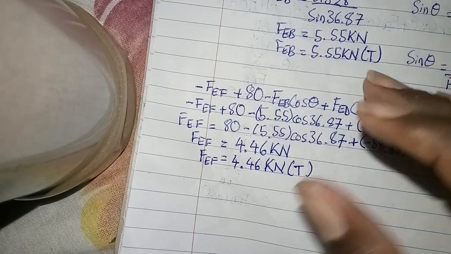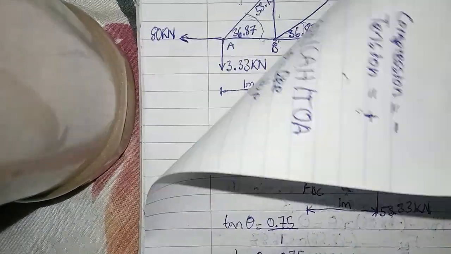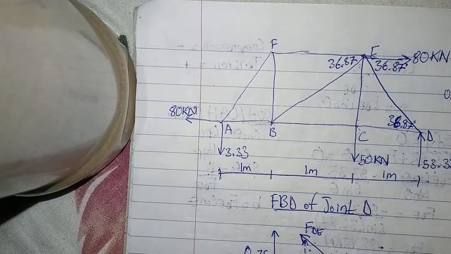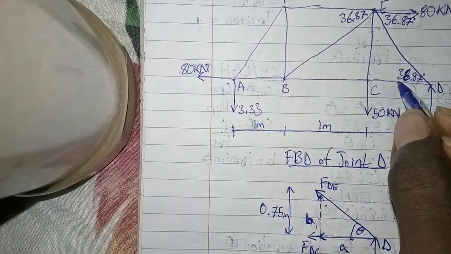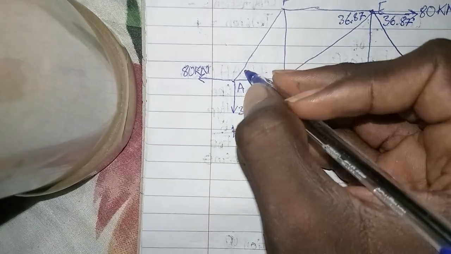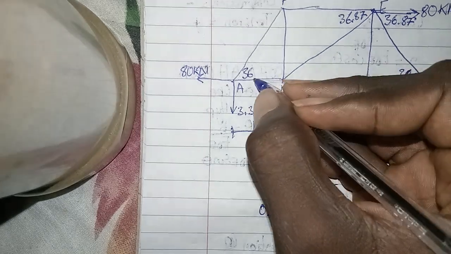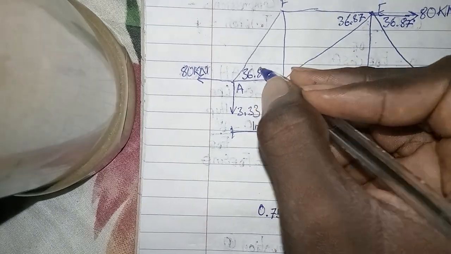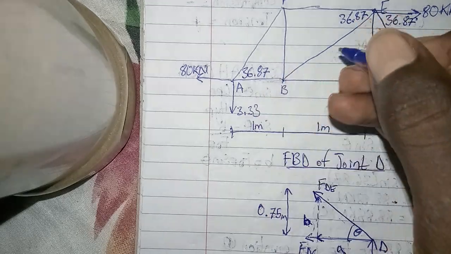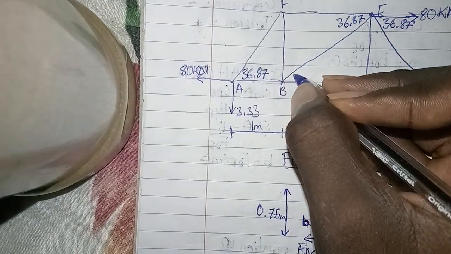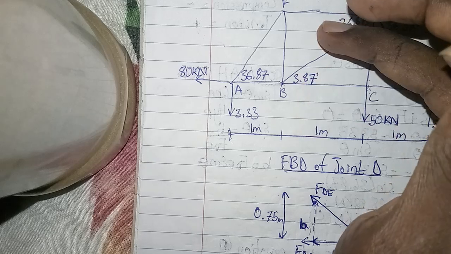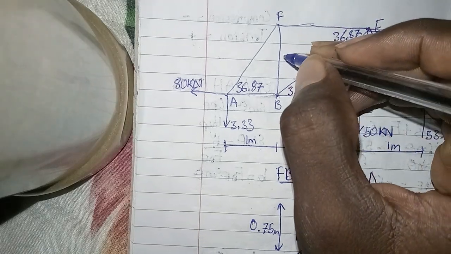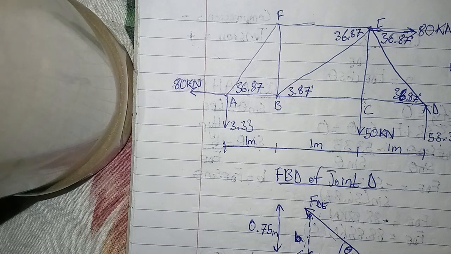So from here we can take another joint. Let's take joint F. From here we know this angle is equal to this angle here, 36.87, and it is equal to this angle here, 36.87.